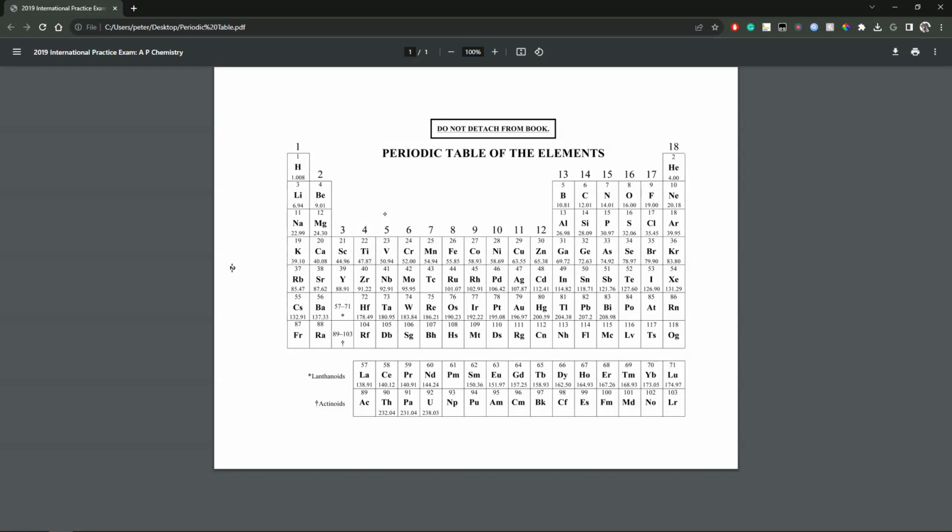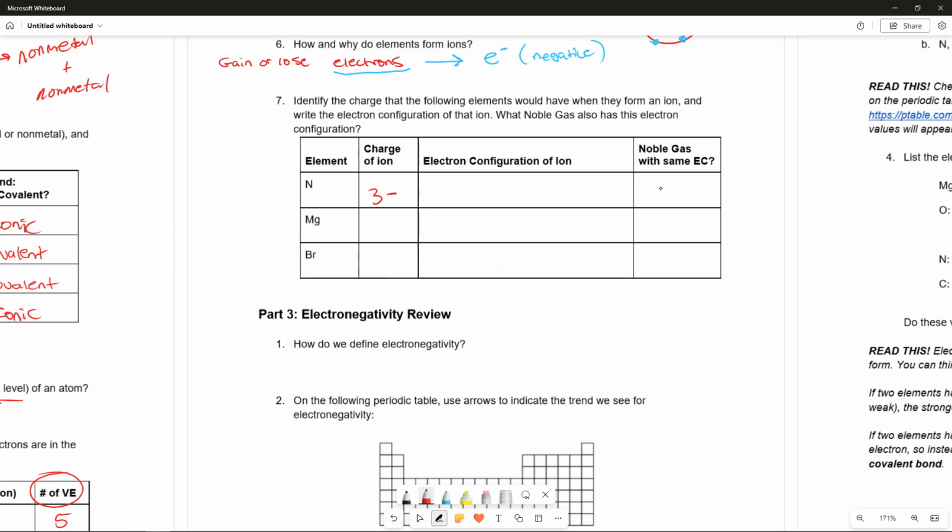The carbon group has a ±4. Nitrogen has a 3 minus. Oxygen, element 8, 2 minus. Fluorine, which is a halogen, has a value of 1 minus, and helium has 0, or the whole group for helium has 0 because they're noble gases with a full octet.